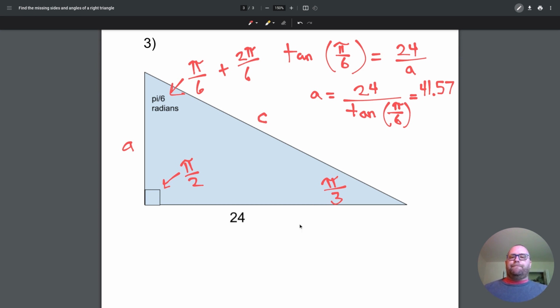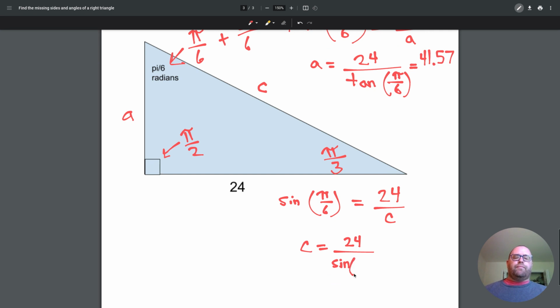So C here, if we have pi over 6, we can do the sine of pi over 6 equals the opposite side 24 over the hypotenuse C. We can flip these like we did in the first problem, so we can say C equals 24 divided by the sine of pi over 6.